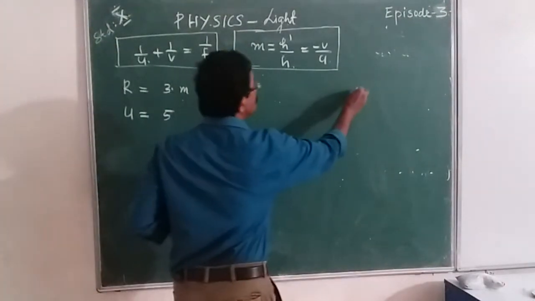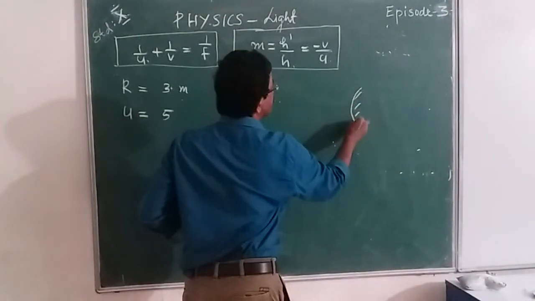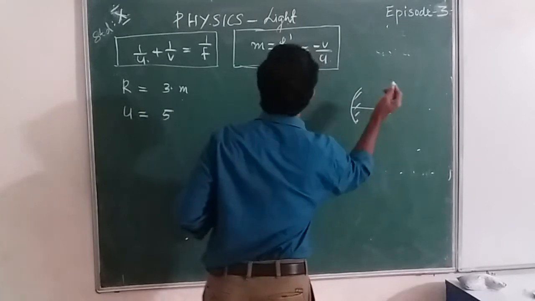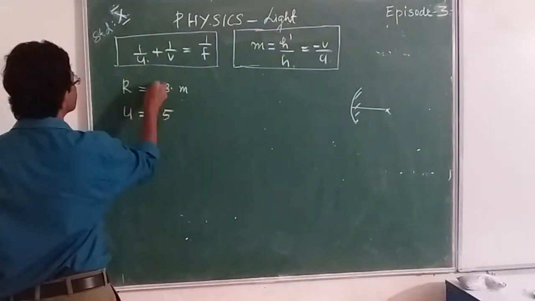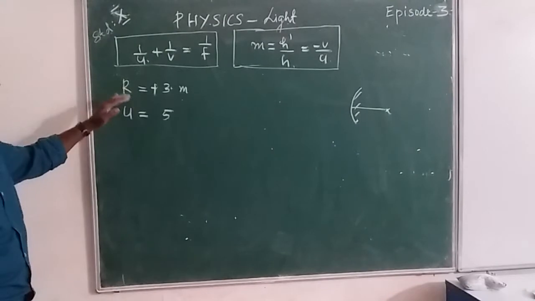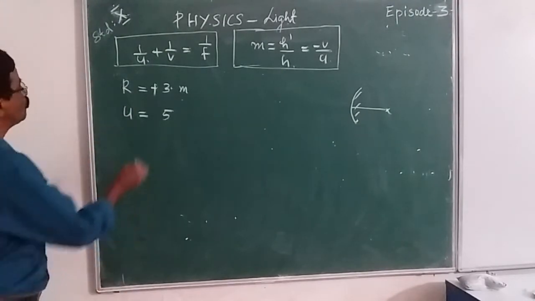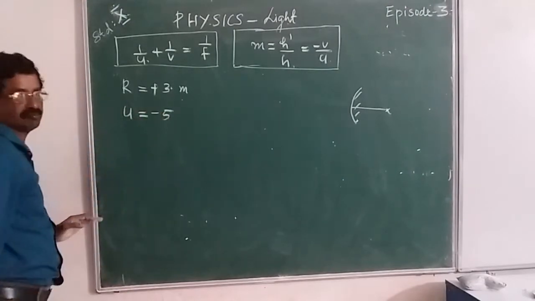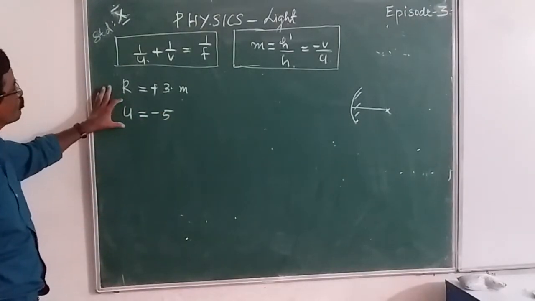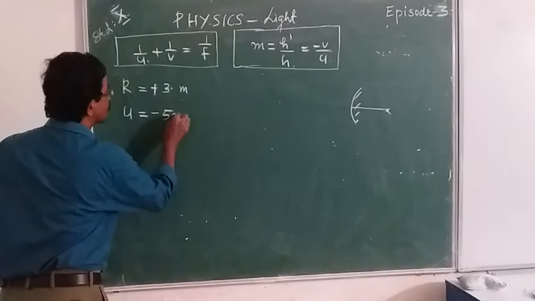For a convex mirror, the radius lies on the positive side, so it is positive. The object is always on the left side, hence u is minus. u is equal to minus 5 meter.